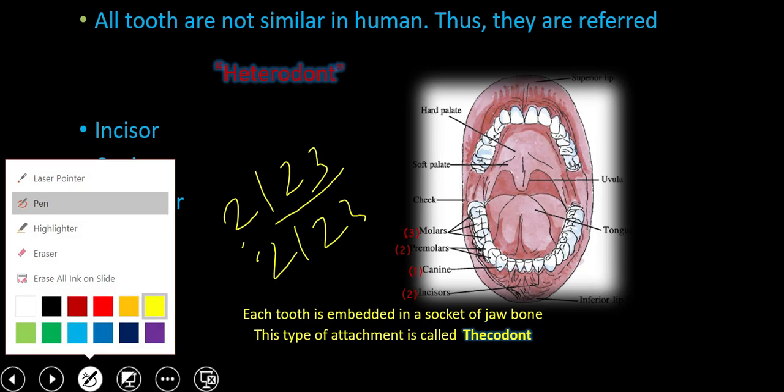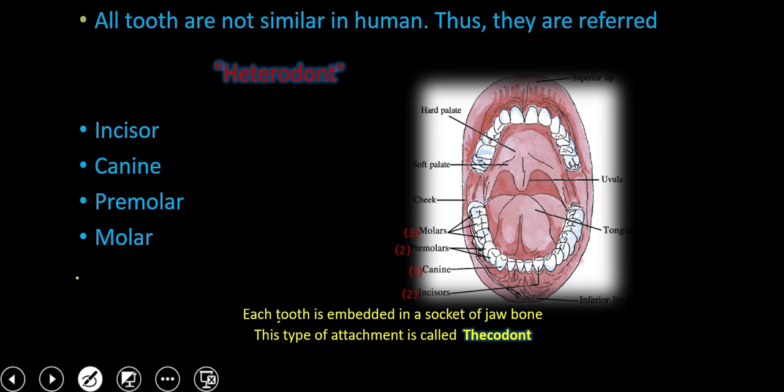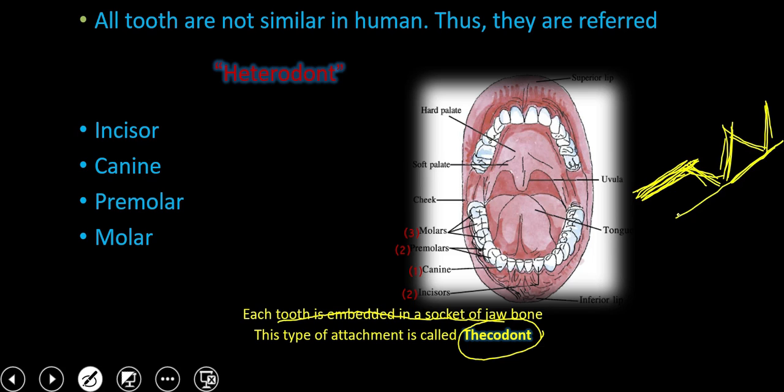Now each tooth is embedded in a socket of the jaw bones. Each tooth is embedded, fixed in the socket of the jaw bones, and that type of dentition is called thecodont. For example, this is the bone, and the bone has a particular socket. The tooth is embedded in that socket, like this.